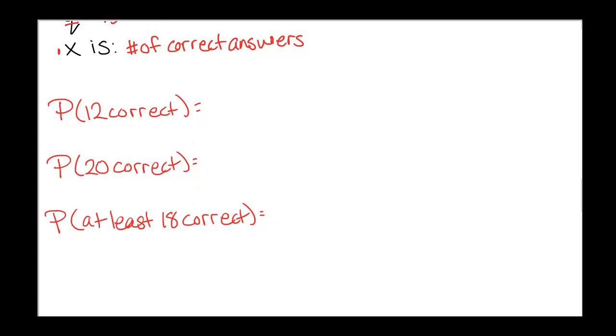First here we have the probability of getting 12 correct, or in this case that would be the probability that X equals 12, right? Our number of correct answers is 12. So we could use our formula. N was 20, so this is 20 choose 12 times P, which was 1/5, raised to the X, which is 12, times our Q, or 4/5, raised to 20 minus 12, or 8.